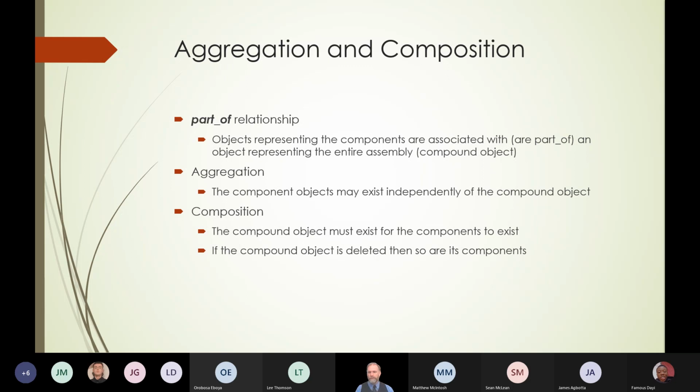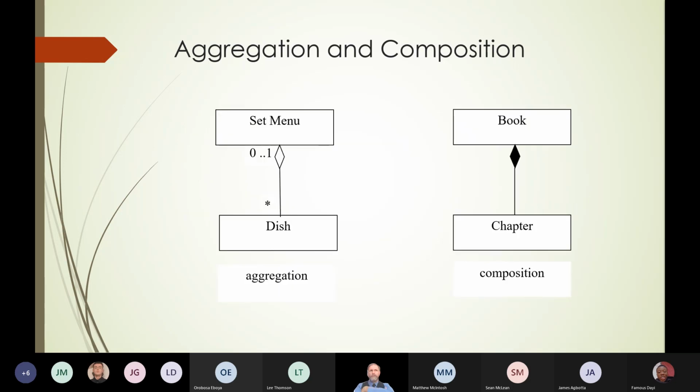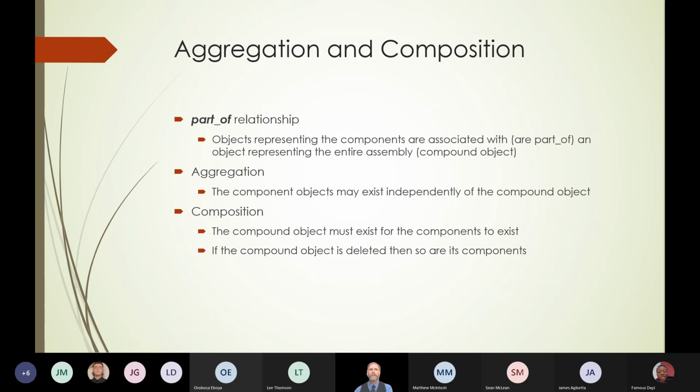But compound objects have to have everything there for the thing to be a thing. Yeah, I know it's getting complicated. So here is an example of aggregation. So aggregation, the component objects may exist independently of the compound object.